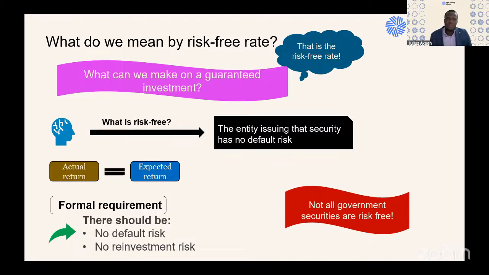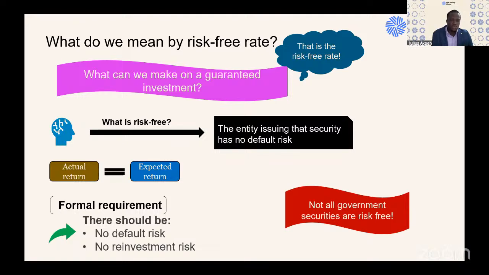The expected return, I mean here, was the initial yield on the bond. So the realized return will be different from that. Or in other words, the actual return you make on a bond at the end of the bond maturity period will be different, even if you hold the bond to maturity, because the coupons get reinvested at different rates.